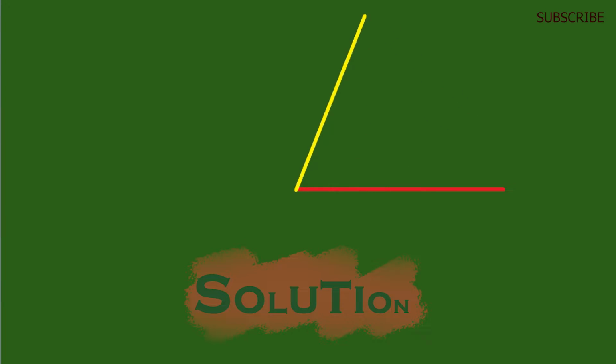So the angle is increasing. The more I move, the more the corner will increase, and it will keep on increasing until it reaches the same point. So this is the end point. Now let me go back to this line.